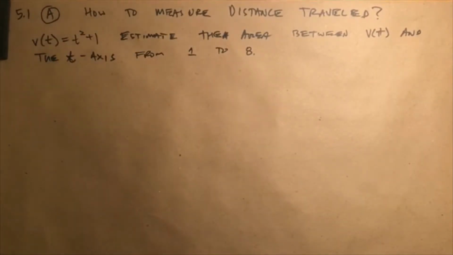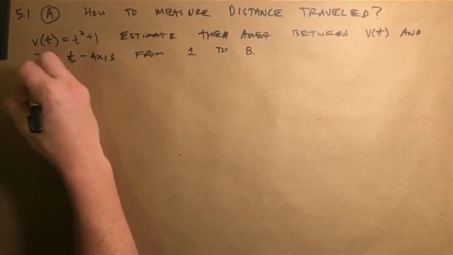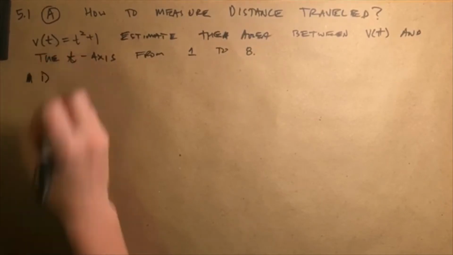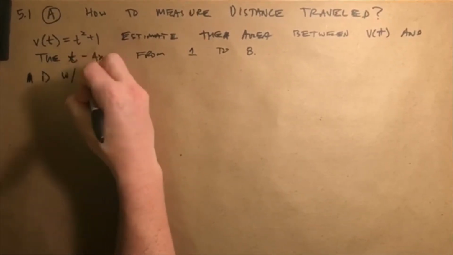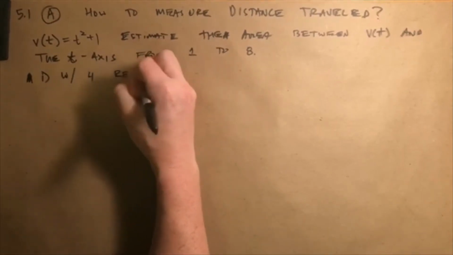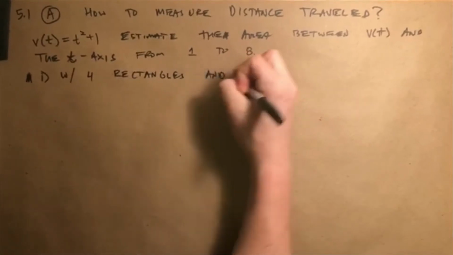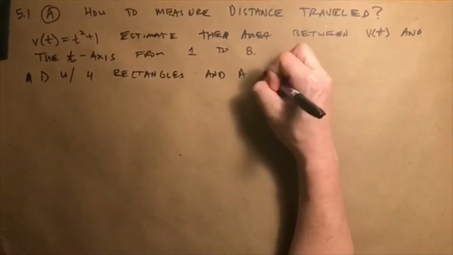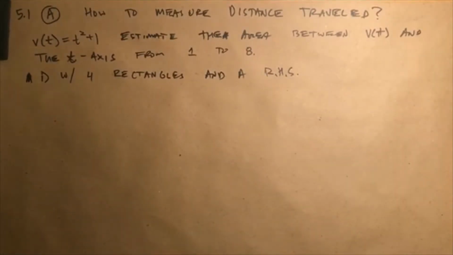And now I could ask you to do this in a variety of different ways, but let's say in our first example here, let's find it with 4 rectangles. And let's use a right-hand sum. So what's the dream here?